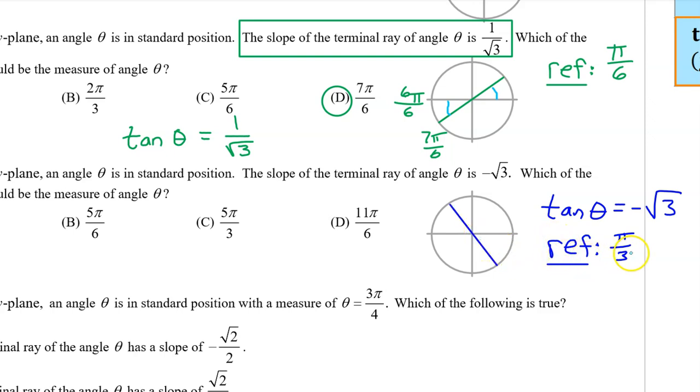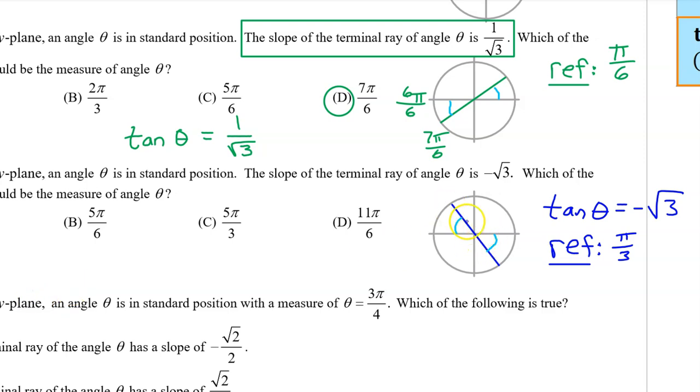By the way, the reference angle is the angle between the terminal side and the x-axis. So this reference angle of pi over 3 is right here and right here. One of these two angles will be the answer. Let's find this angle.